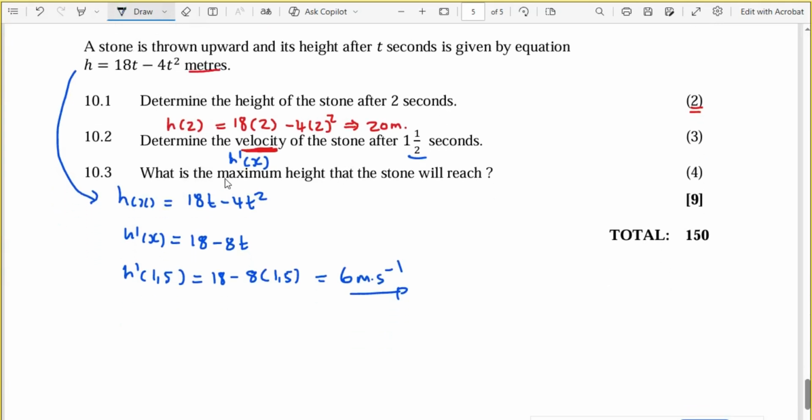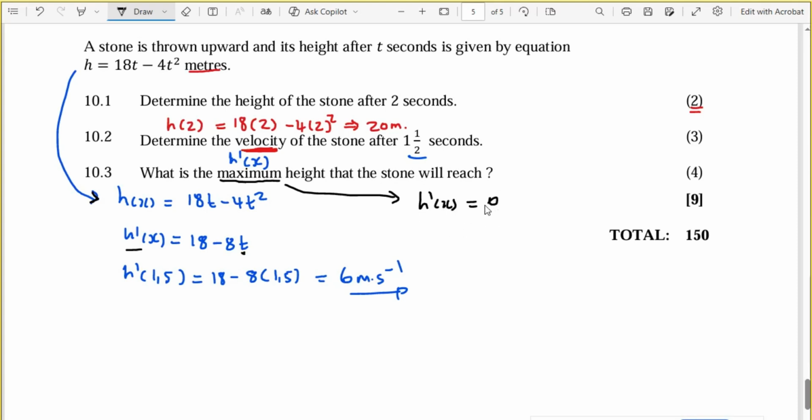Okay, the last question. You see the word maximum. When you see the word maximum, what do we do? Remember, maximum means find the derivative and equate that to 0. When you see velocity, you find the derivative; where there's t, you put the time. So for the maximum height the stone will reach, you first find the first derivative and then solve for t.